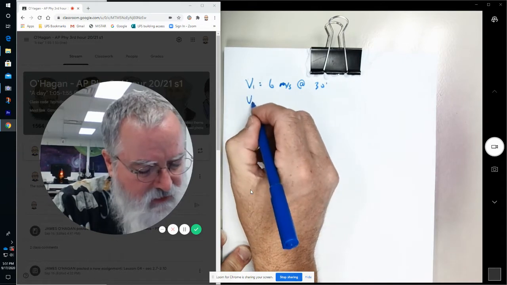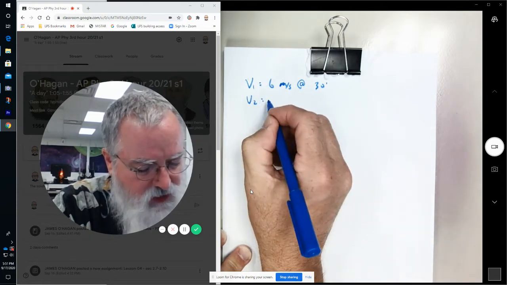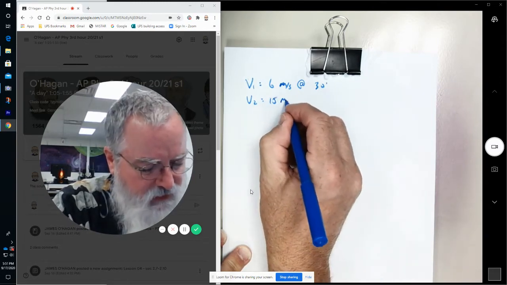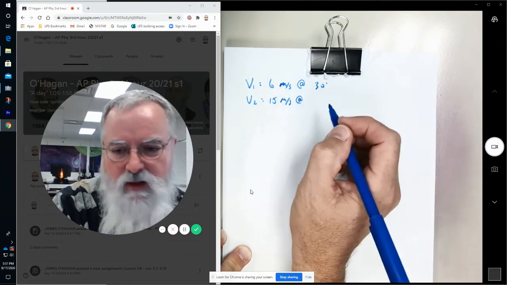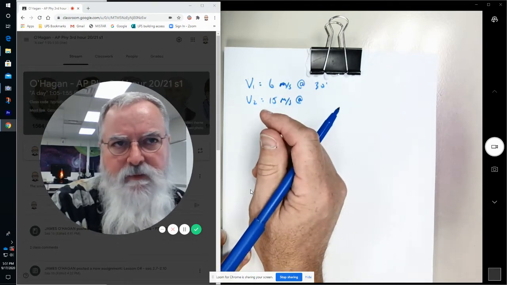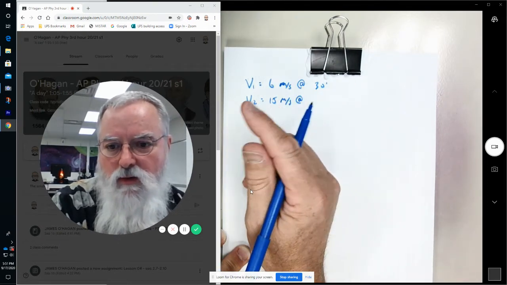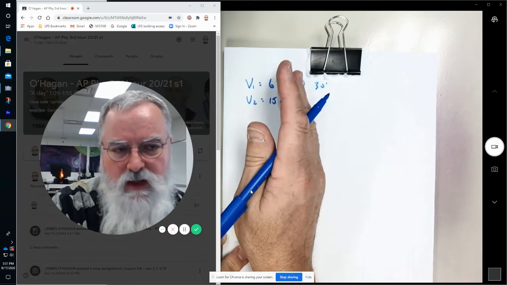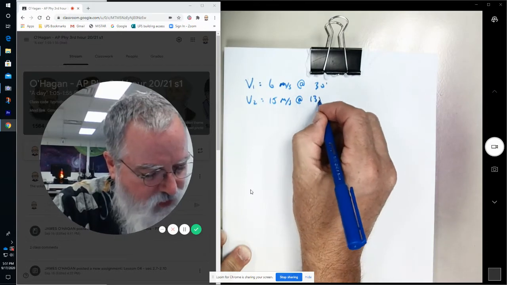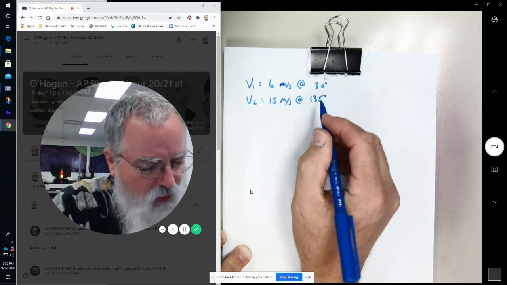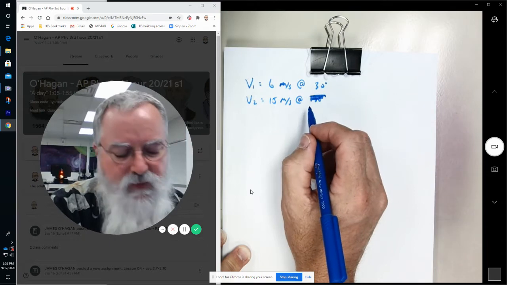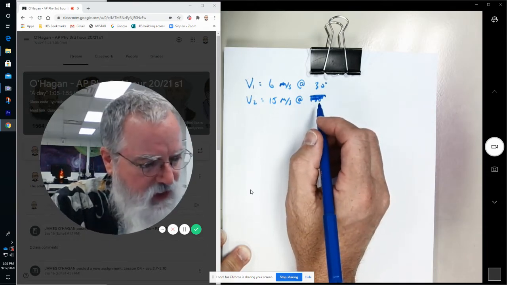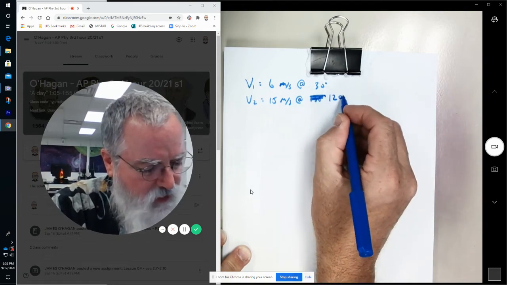And let's say velocity 2 is going to be 15 meters per second at, give me an angle there. Let's get crazy. Let's go across to the other way. 135 degrees. Oh, no, I don't want to use that, because the X and Y parts will be the same. Let's say 120 degrees.